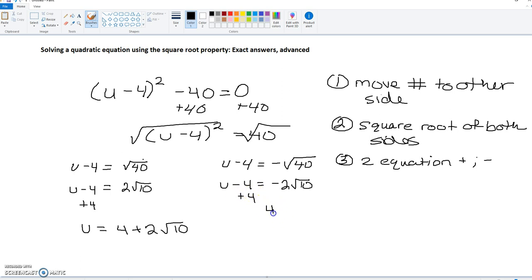And I'm going to write the answer over here. Because in ALEKS, you'll put the positive version in, and you'll click to add another one, and you'll put in the 4 minus 2 square root of 10.